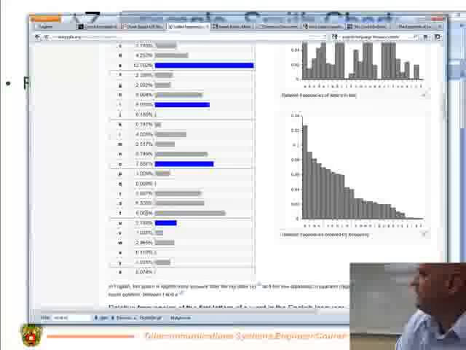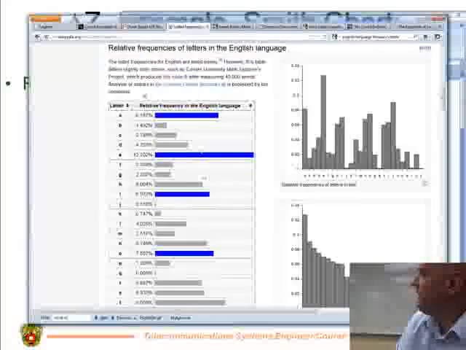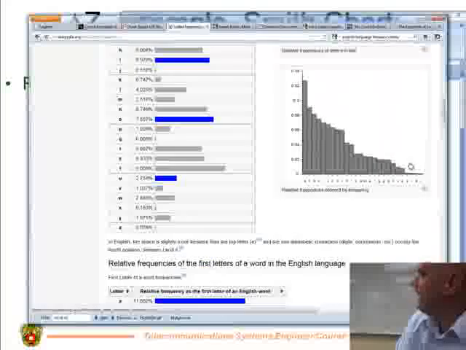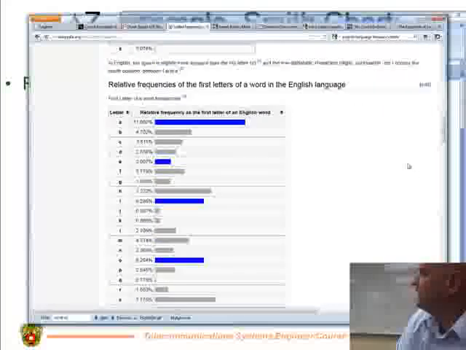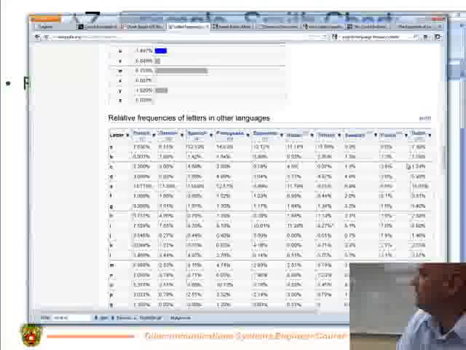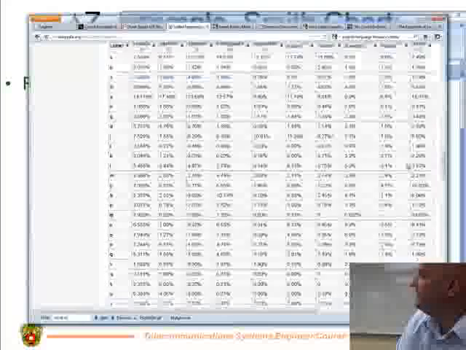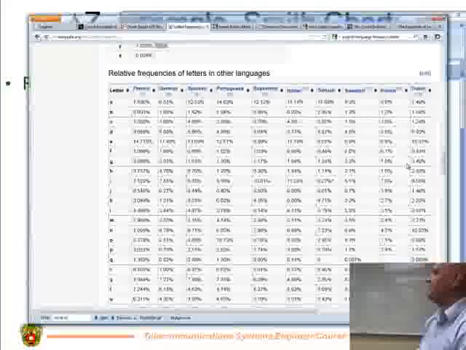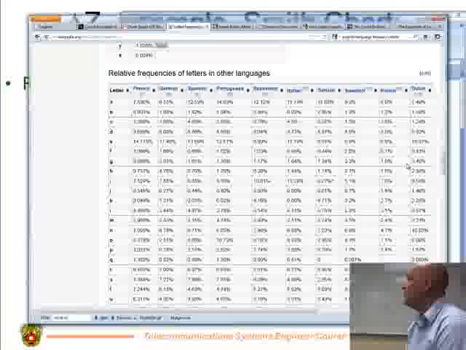T is 9.056, then A is 8.167, and so forth. Then you can do first letters of a word, and here are frequency tables for other languages: French, German, Spanish, Portuguese, Esperanto. It's not a real language. Italian, Turkish, Swedish, Polish, Dutch.